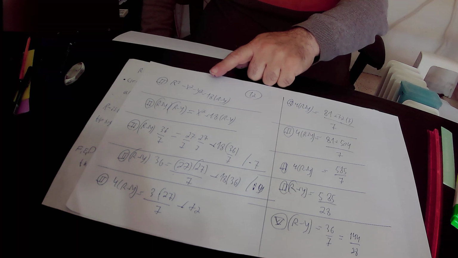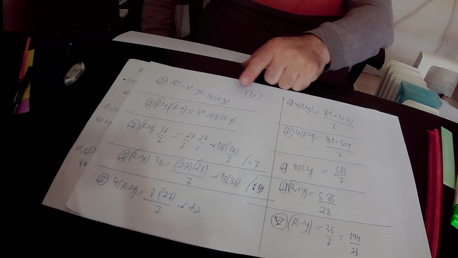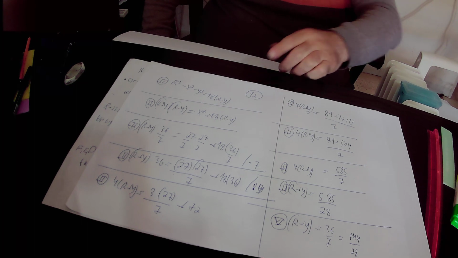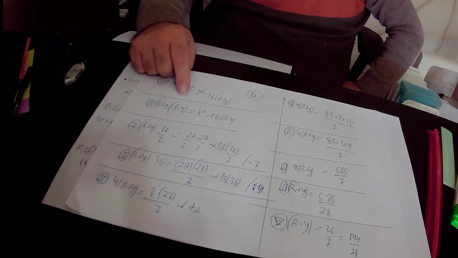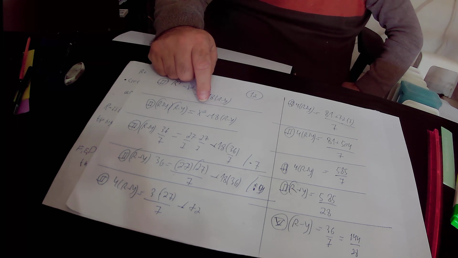And then we added x squared to this equation. So in conclusion, we got that r plus y times r minus y equals x squared plus 18 times r minus y.